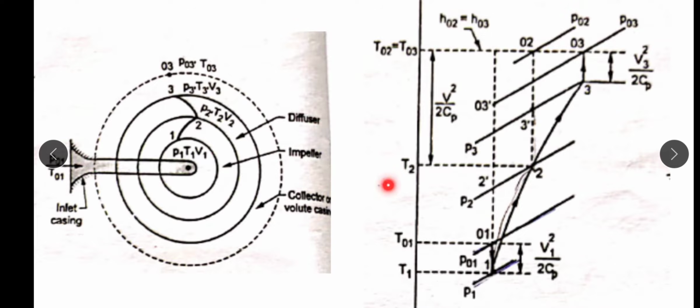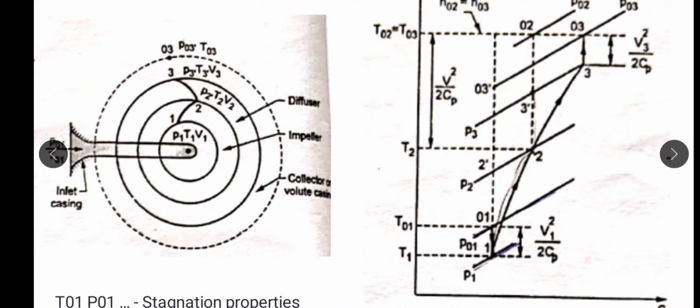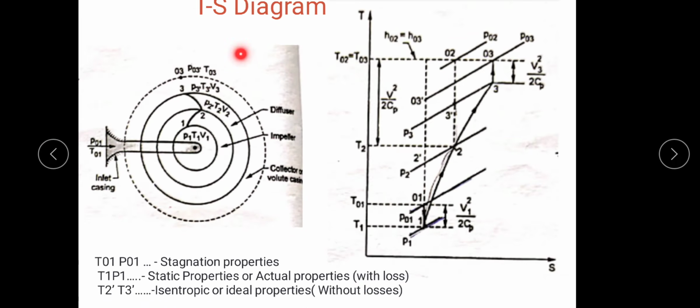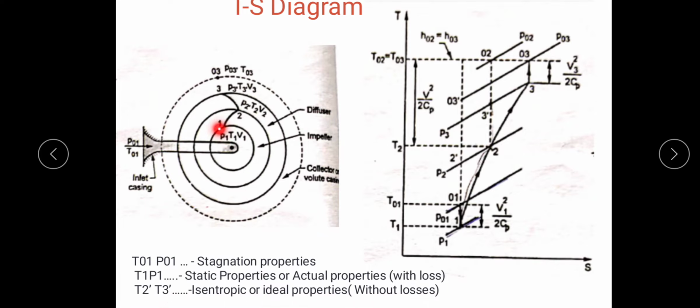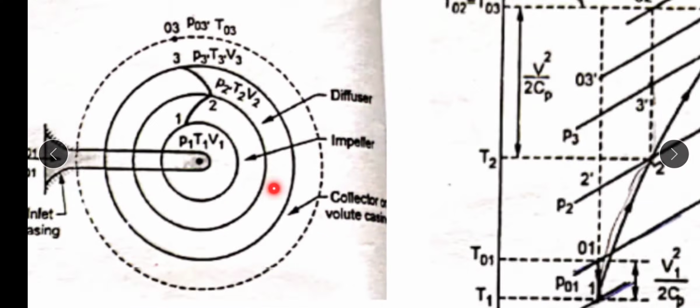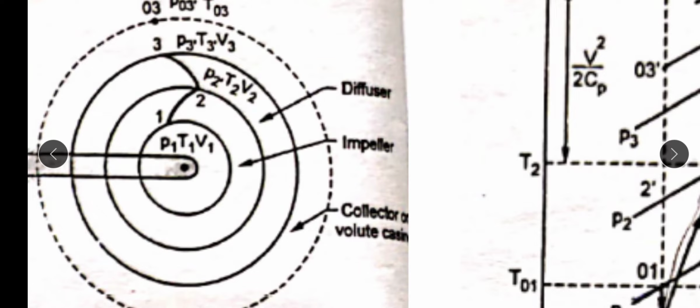Now look at the parts or configuration of the centrifugal compressor. We know that point 1 shows the inlet of the impeller, point 2 shows the outlet of the impeller and the inlet of the diffuser section, and point 3 shows the outlet of the diffuser.